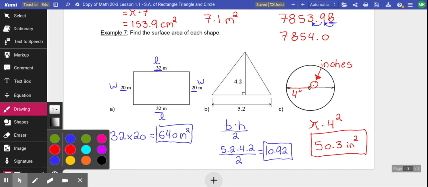Can you think of anywhere else where you see it a lot? Painting walls. Painting walls is the biggest one. So when I wanted to paint that wall, I needed to get a can of paint that could cover that surface area. So I had to figure out the surface area of the wall and say it's 200 square feet. And then I had to go find a can of paint that said it would cover 200 square feet. Fertilizer on your lawn.